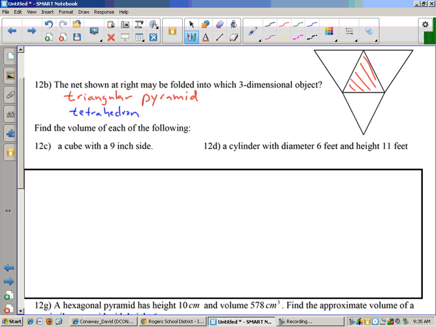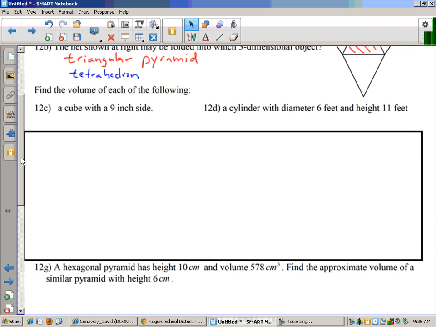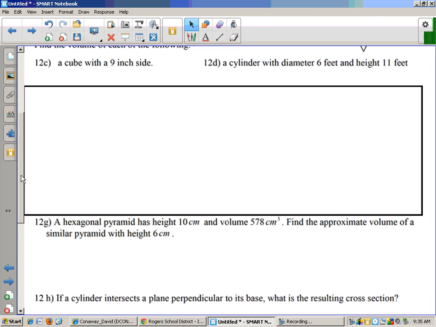Okay, number 12C. Find the volume of each of the following. A cube with a 9-inch side. What's the volume formula for a cube? Well, the volume for anything is going to be the area of the base times the height that it stands.